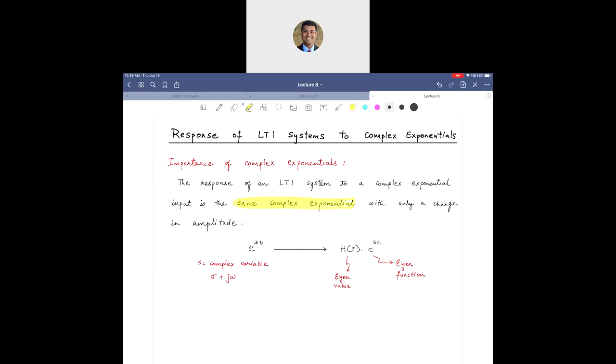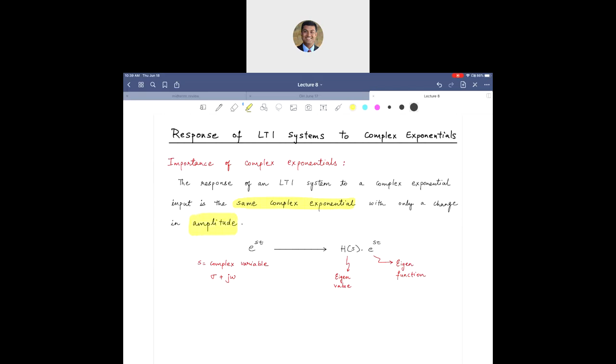So if a complex exponential goes in to an LTI system, you get a complex exponential output. The only change happens in the amplitude of that complex exponential.